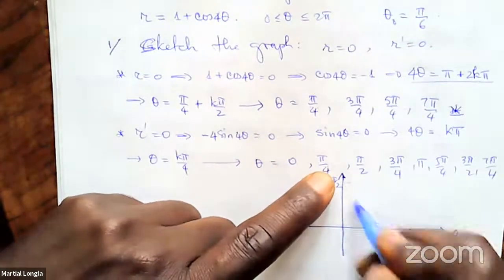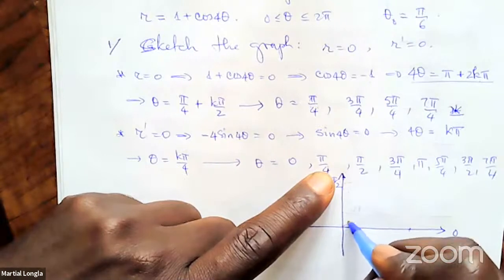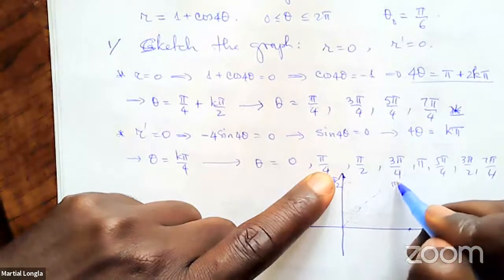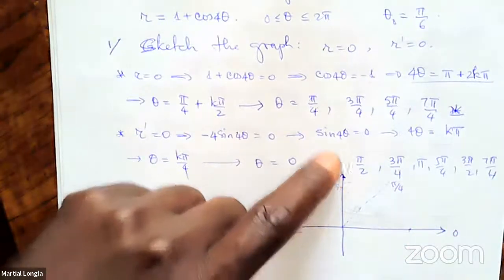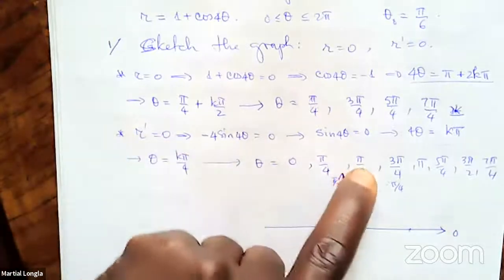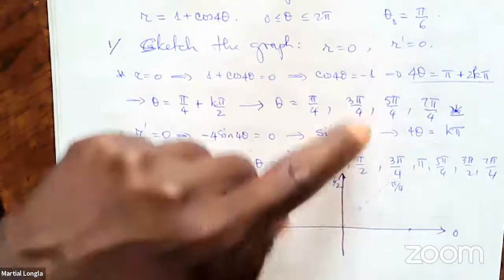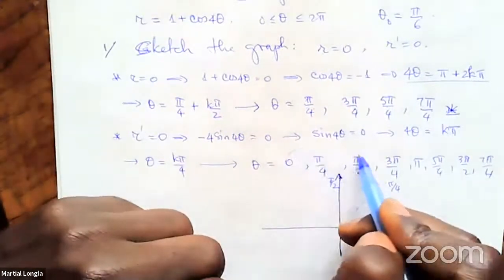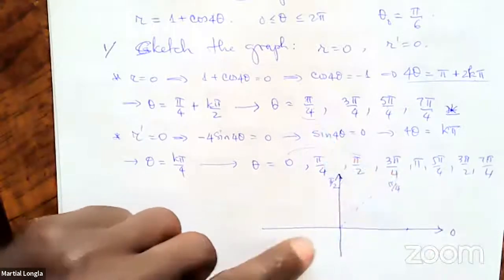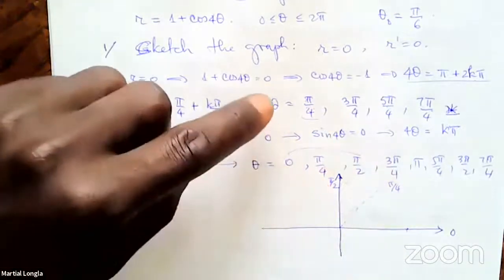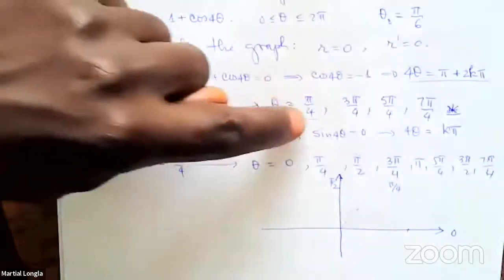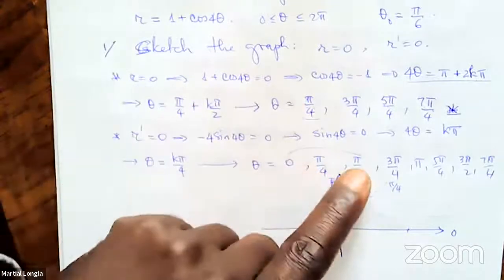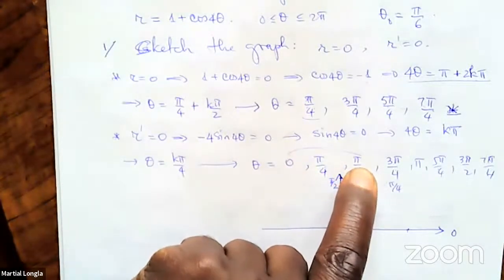So pi over 4 is half of this. So that's the angle pi over 4. And then pi over 2 comes this one. And 3 pi over 4 is already out of here. So we are only concerned by these guys and that one. And in that region, there is only one point where the radius comes back to 0. It's pi over 4. But after getting back to 0 there, it pumps back up to get to pi over 2. That's what it says.